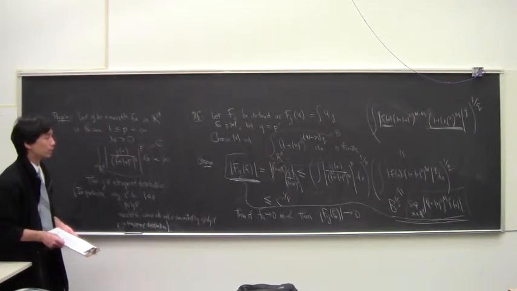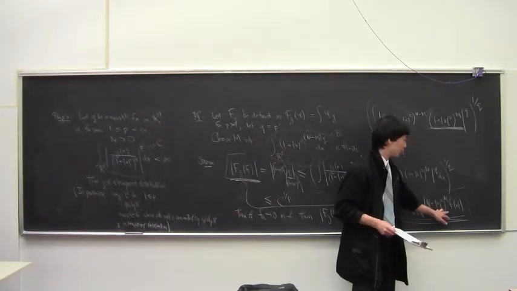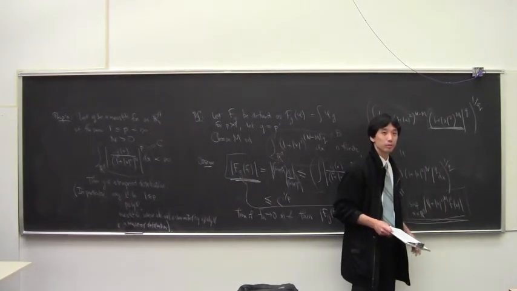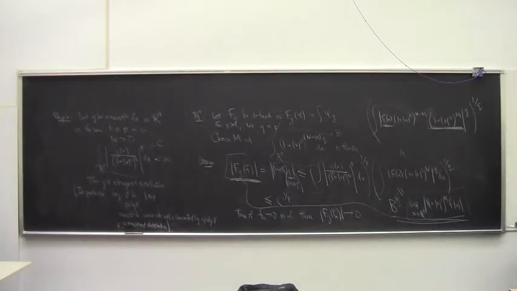Because convergence in S to 0 means that this will go to 0. Because you know that the infinity norms of all polynomials times u is going to go to 0.